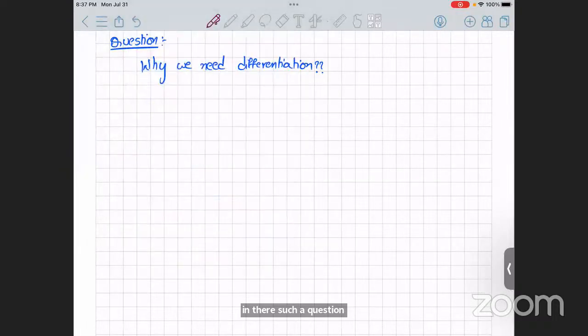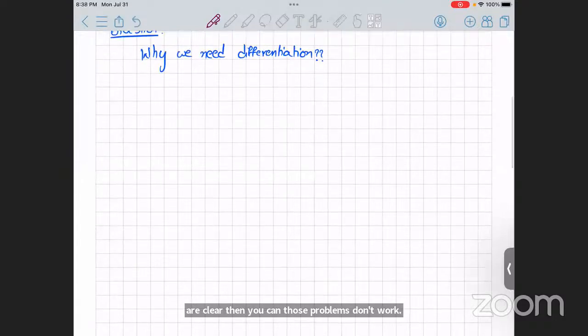Yeah, don't worry. If your basic concepts are clear, then you can solve those problems. Look, suppose I will tell you an example, like to reduce a big thing to a small thing.